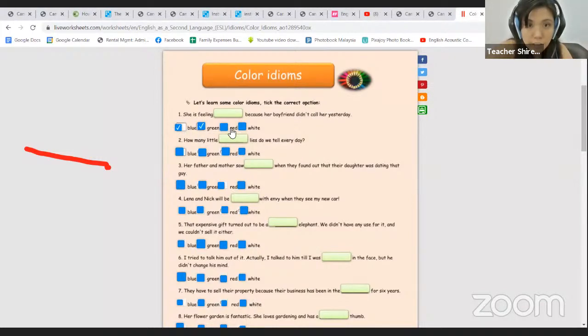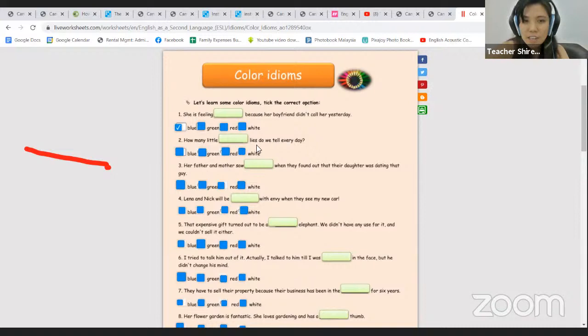Either you click which is correct. Okay, I give you one example. For example, she is feeling what? Because her boyfriend didn't call her yesterday. Means she's feeling very sad. Sad, what color is sad? I'm feeling blue, that's right. So you just click blue.